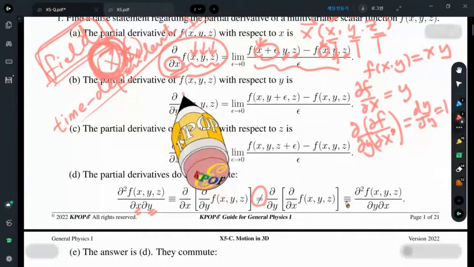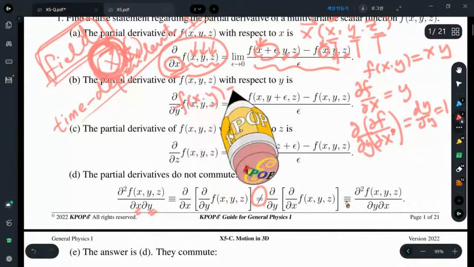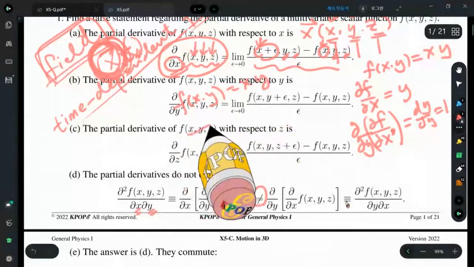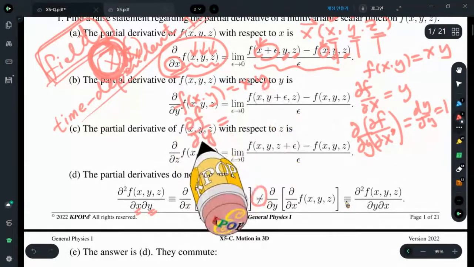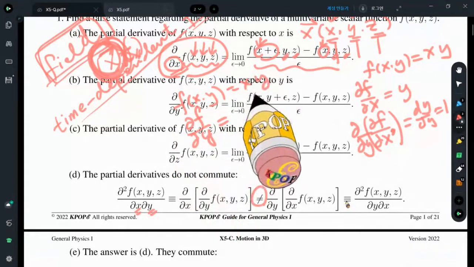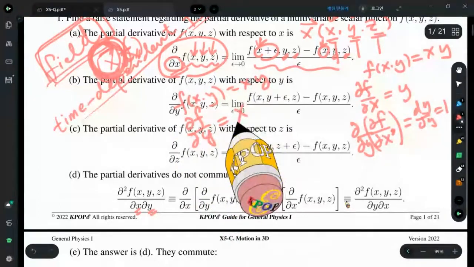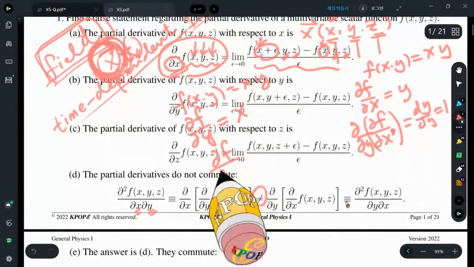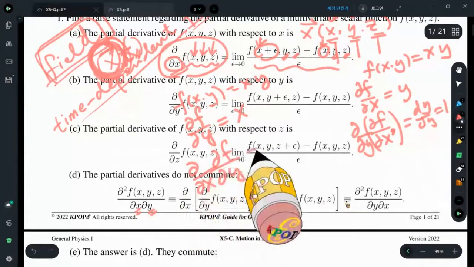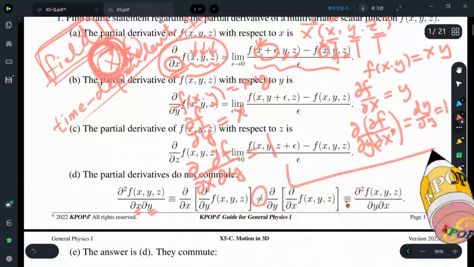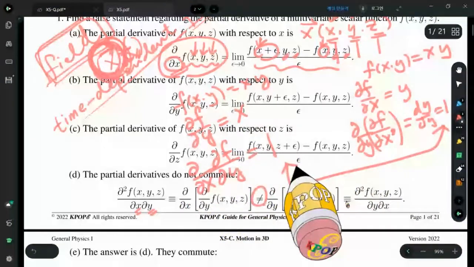On the other hand, f of xy equals xy, and I take the partial derivative with respect to y first, then the coefficient is x. And then I take the partial derivative with respect to x later, then it is 1. They are the same. Okay?